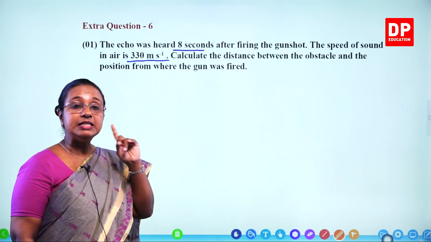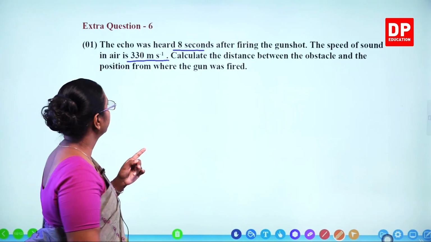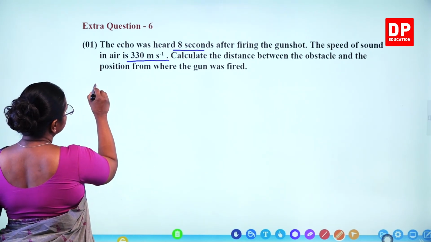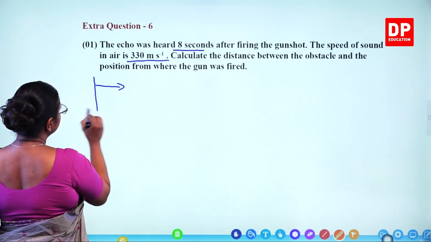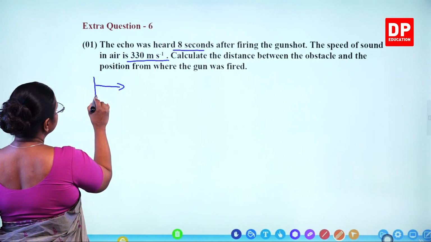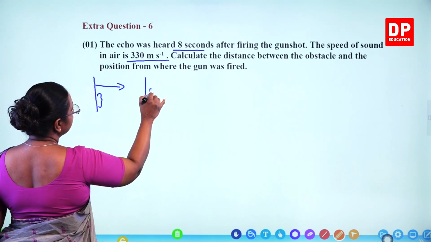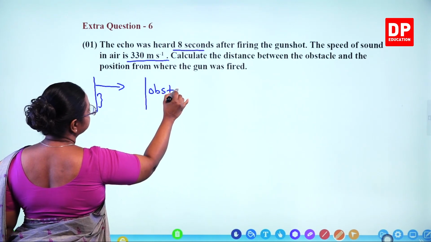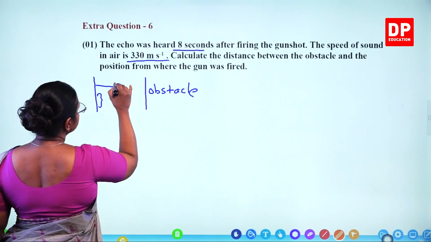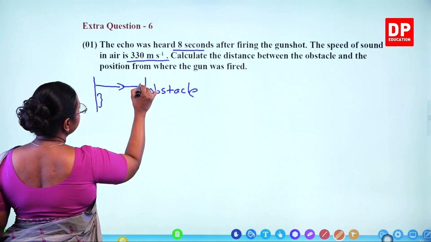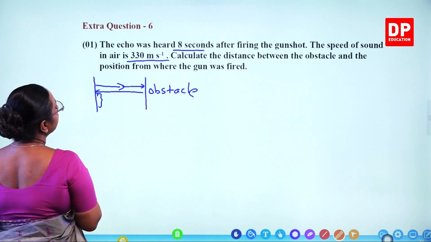So here they hear the echo. So if the shot is fired from this position and the person listening is also somewhere here, you have the obstacle there. Sound travels this way and it has to come back.